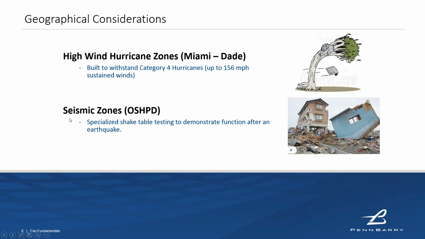Similarly, if you were in California or maybe Oregon here in the States, you would be familiar with OSHPD. And that was a classification that came out of the California Department of Health. It really started as a means to say, hey, following an earthquake, we want to make sure that both our hospitals and police stations have equipment that works.